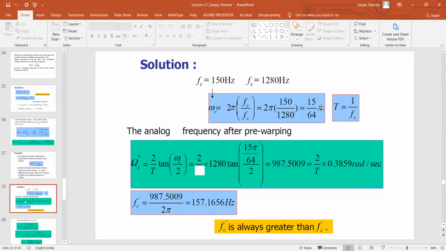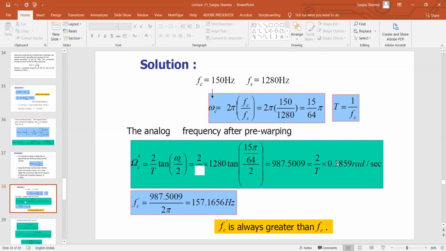Omega c I have calculated as 15 by 64 pi. Where has this 1280 come from? Because 2 by T, the sampling frequency is given to be 1280 hertz. So that's why 2 into 1280 tangent of 15 pi by 64 divided by 2. So this frequency I get after compensation.